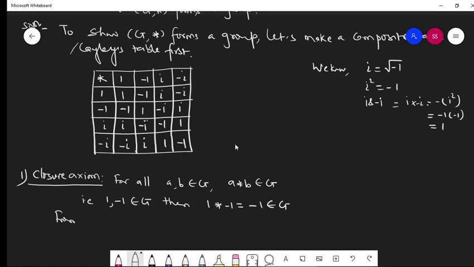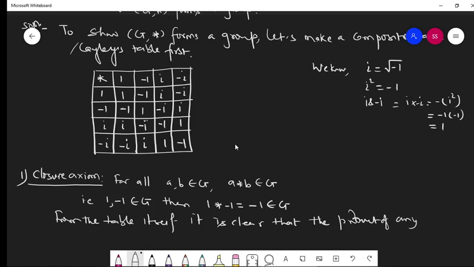From the table itself, it is clear that the product of any two elements is in the given set.